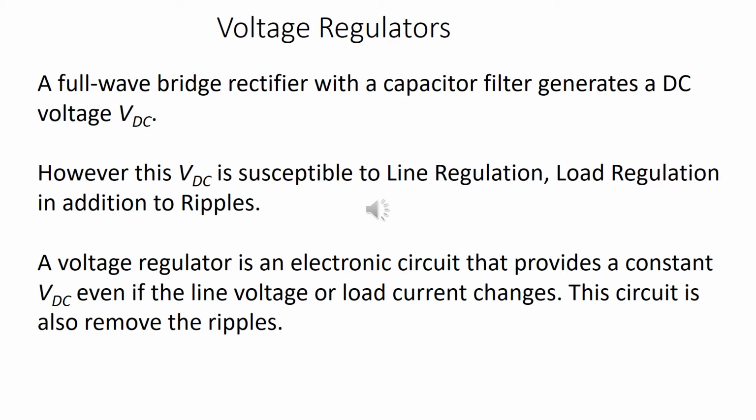Mostly all the electronic circuits require a constant VDC without ripples, without any kind of regulation. That's why we need a voltage regulator. It is an electronic circuit that provides a constant VDC even if the line voltage or load current changes, and this circuit is also going to remove the ripples.